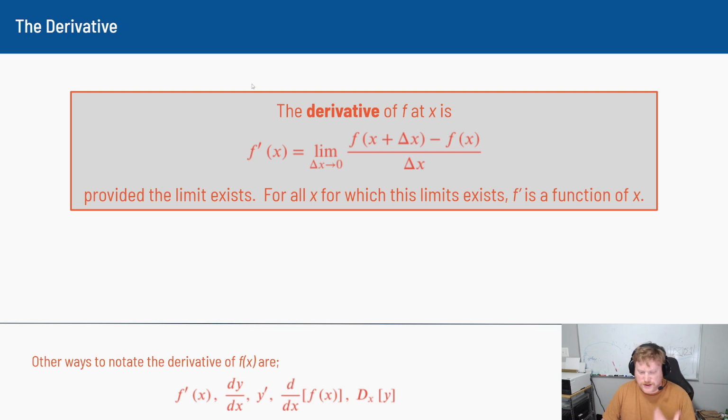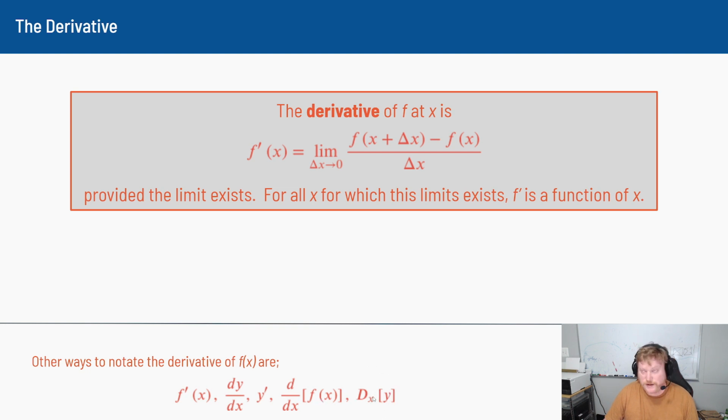Okay. Just a note, there are a lot of different ways that the derivative is expressed notationally. So from left to right, we have f prime of x. We have dy dx. We have y prime. We have the derivative with respect to x of f of x.